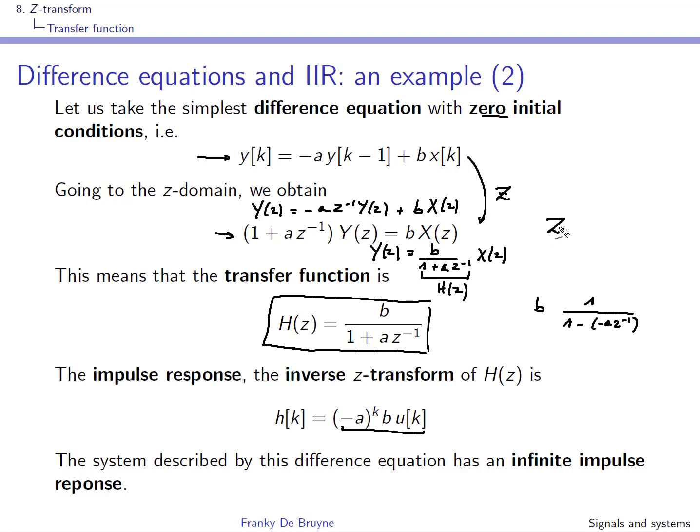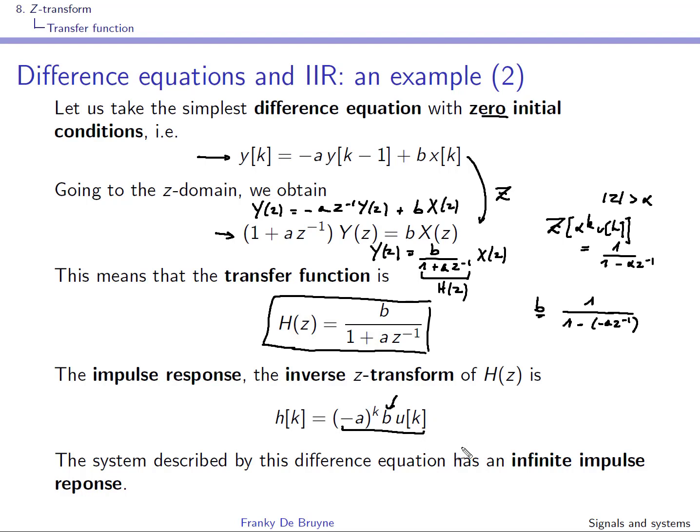Remember that the z transform of alpha to the power k u of k is 1 over 1 minus alpha z minus 1, and we remember that the domain of convergence is z larger than alpha. So you can see here that the b here is the one that you've got over here, and the minus a to the power k comes from this one over here, and this is what we had obtained previously.